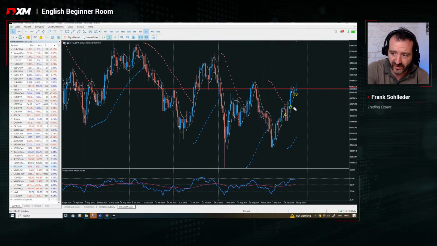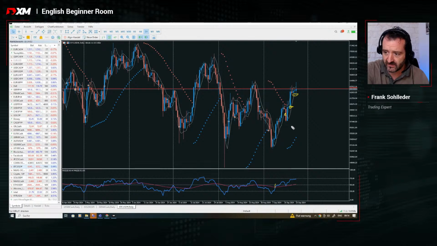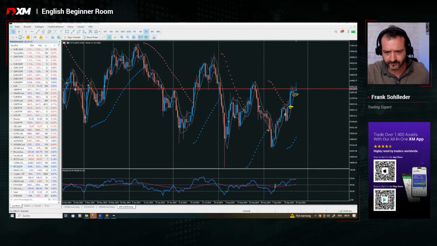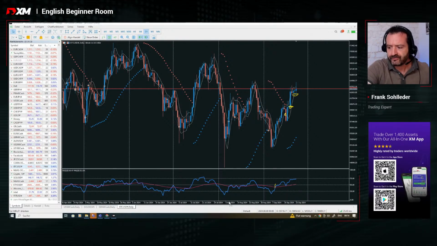Here, this is a tricky one, I must tell you, because it doesn't really come back, right? I think the second one here is a trade that we potentially would not get.